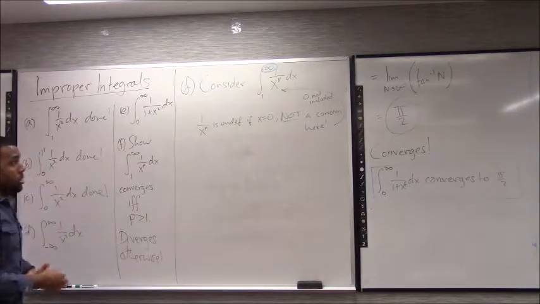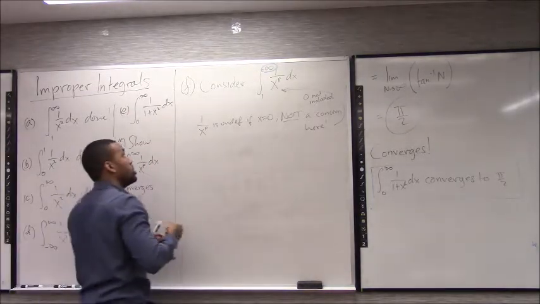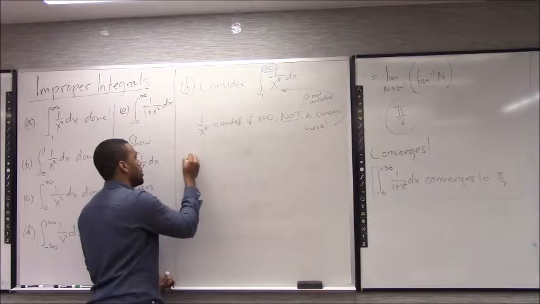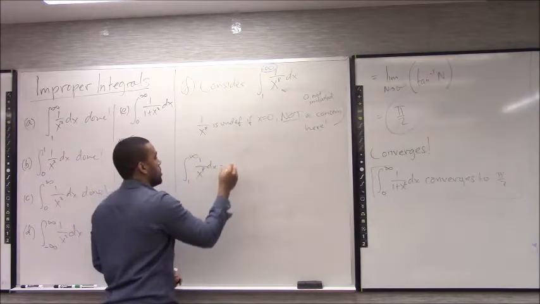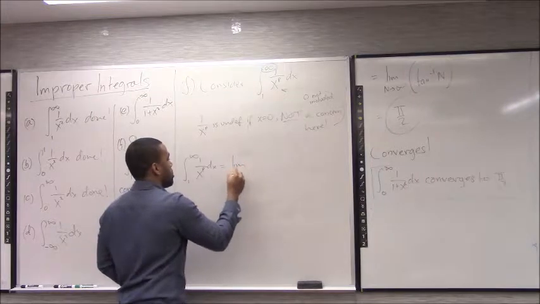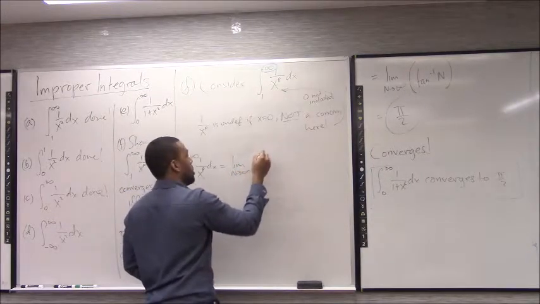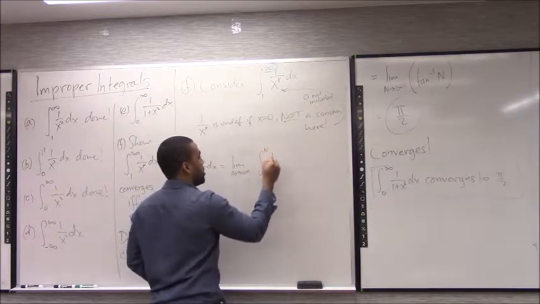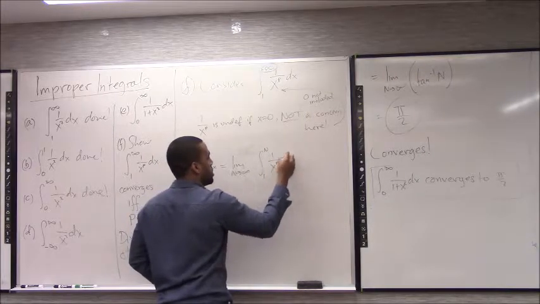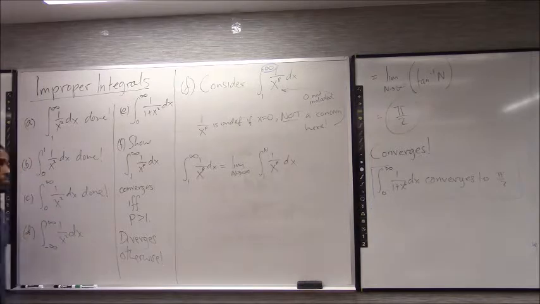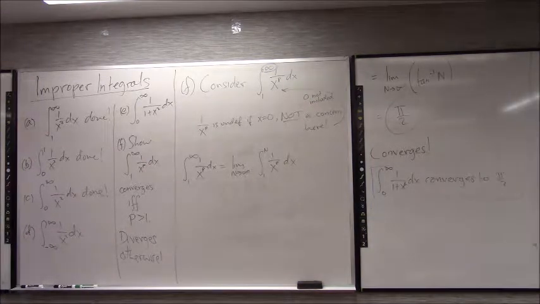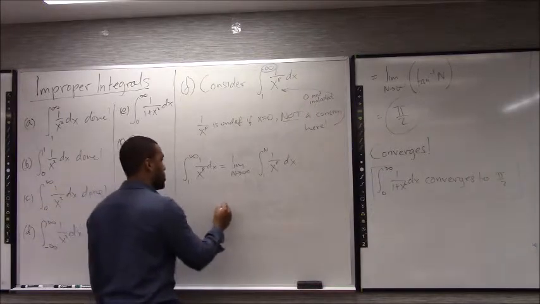Okay. So what we would do here is we'll take the limit as n approaches infinity of the integral from 1 up to n of 1 over x to the p dx. And how do we consider that?